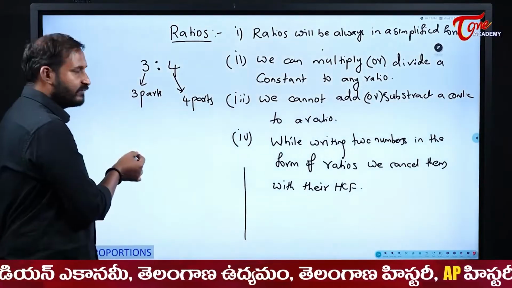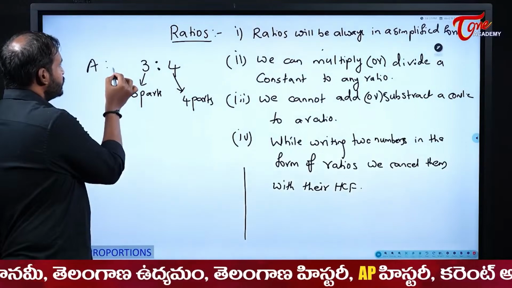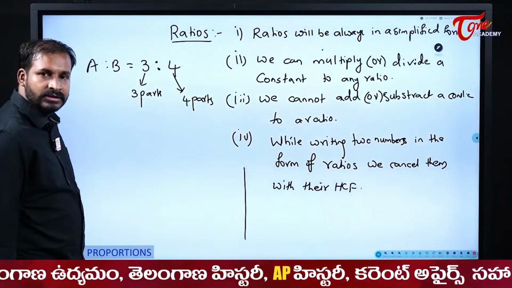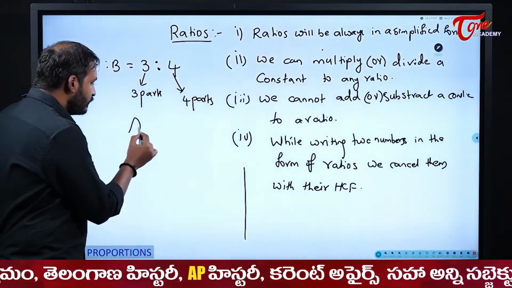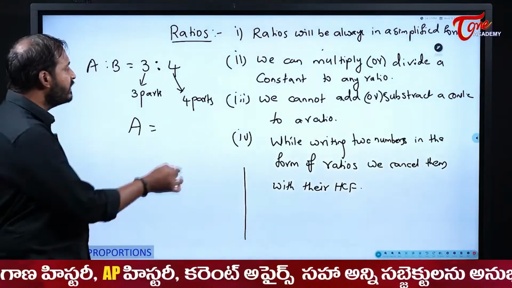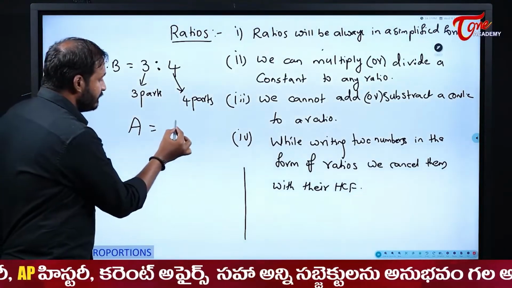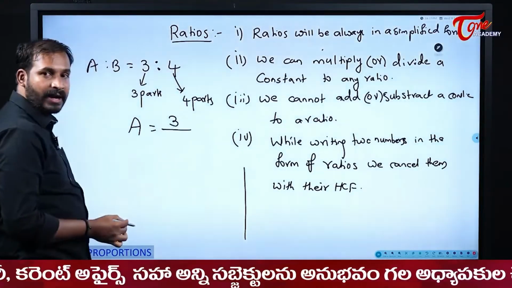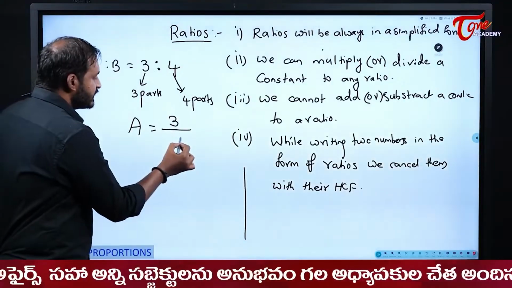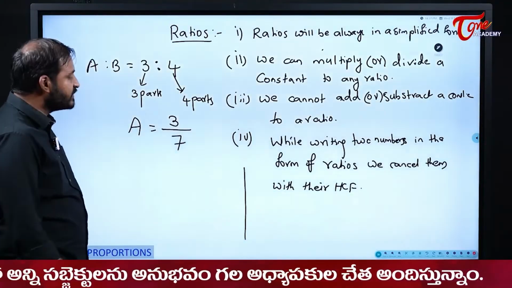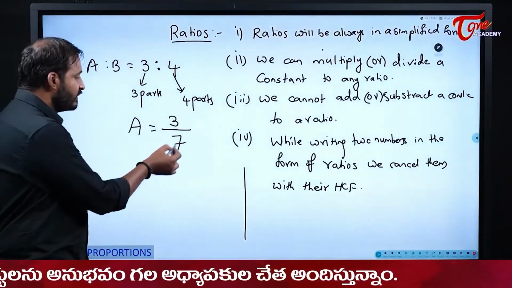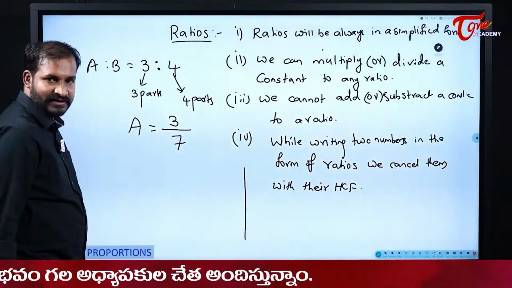Now if you observe carefully, assume that the ratio between A and B is 3:4. If I want to write the value of A, A is 3 parts. Out of the total, how many parts are there? 3 plus 4, 7 parts. A's portion will be equal to 3 parts out of 7 parts.